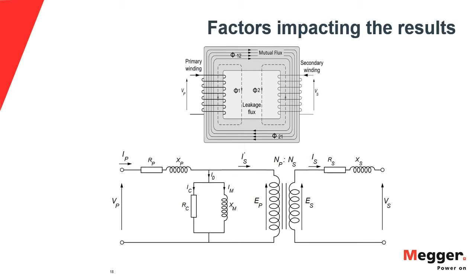So we apply the voltage, most commonly on the high voltage side of my transformer. That voltage will in turn establish a magnetic flux that will couple, with the help of the core in our transformer, with our secondary winding, and then in turn induce a voltage on that secondary winding.